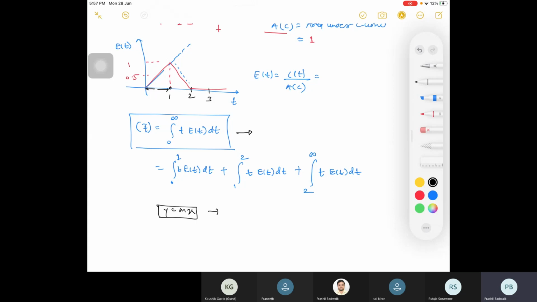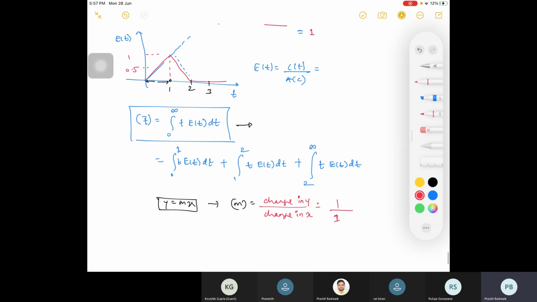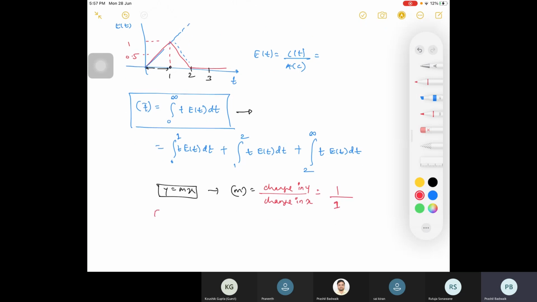What is the slope there? Change in y upon change in x. What is your change in y? 1 divided by change in x is 1, slope is 1. So your y is E(t). E(t) is equal to 1 into t, right? So you'll be having E(t) is equal to t in the first case.